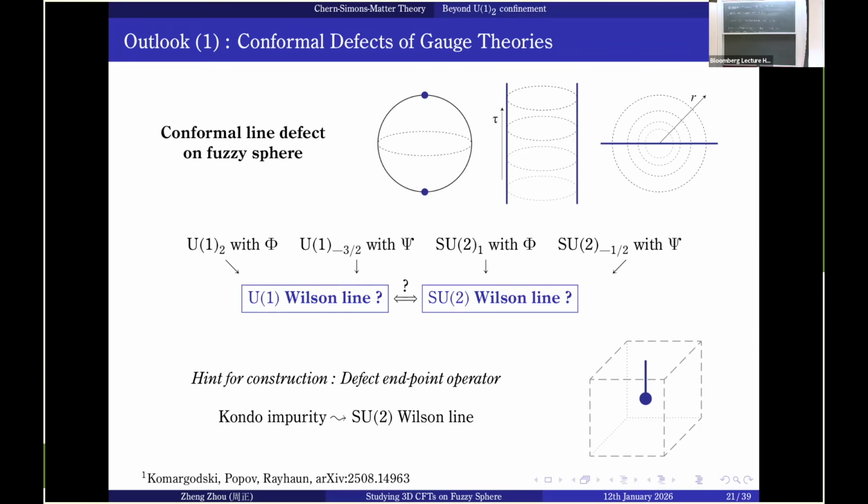A hint for the construction is the defect endpoint operator. For the SU2 Wilson line, the endpoint of the defect will carry an SU2 fundamental. So we only need to couple the North Pole and South Pole to an external SU2 spin. This behaves just like a boson-Kondo defect.